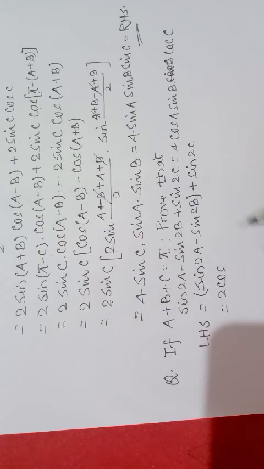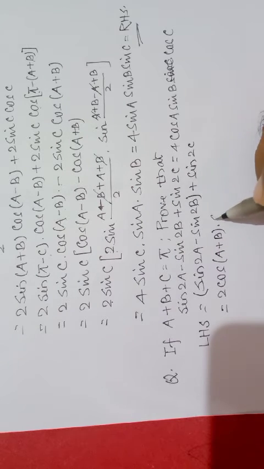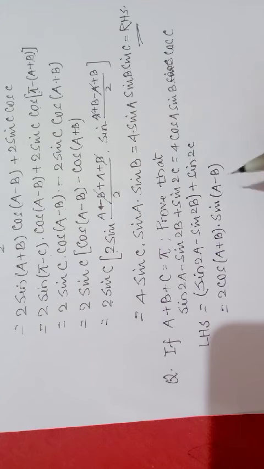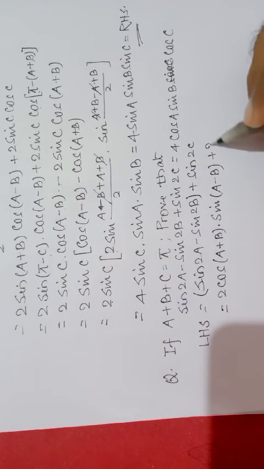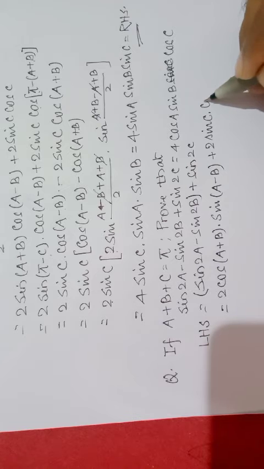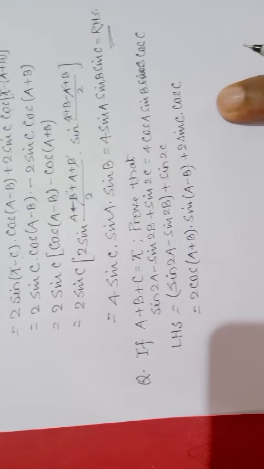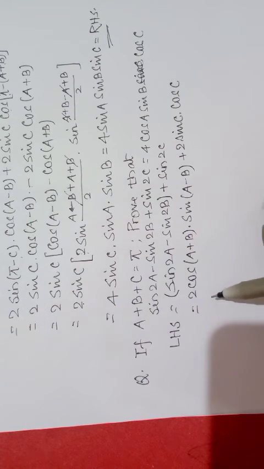Like above, it should be A plus B, into sine (2A minus 2B by 2), which is A minus B, and this is 2 sine C into cos C. This is according to the formula sine 2 theta is 2 sine theta into cos theta.